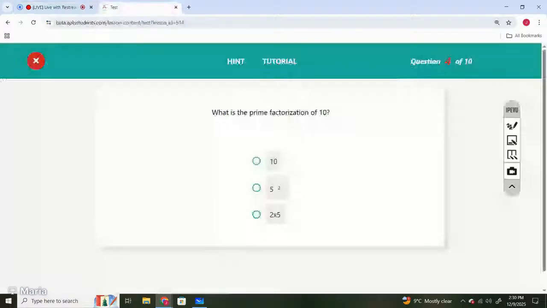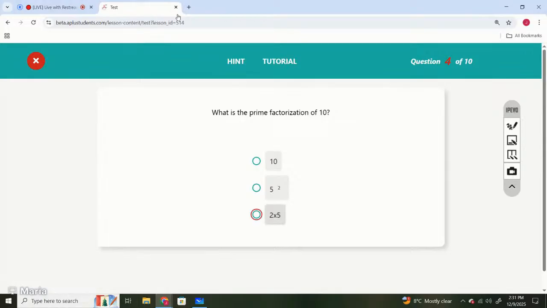What is the prime factorization of 10? That is 2 times 5.